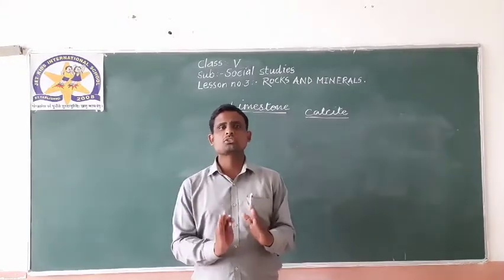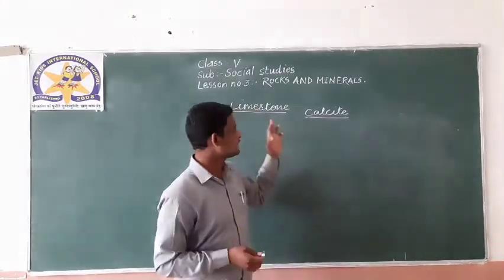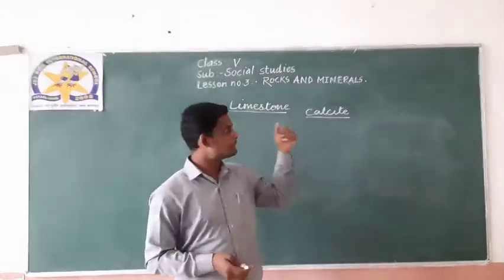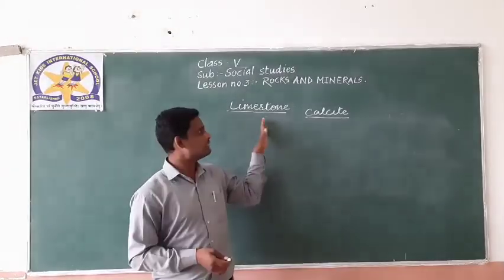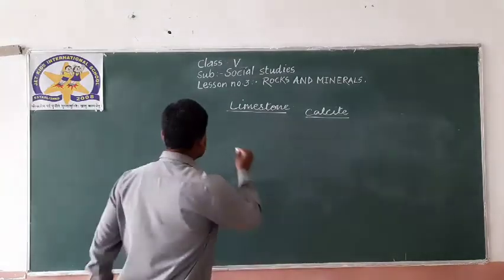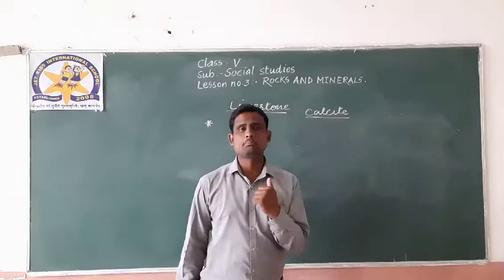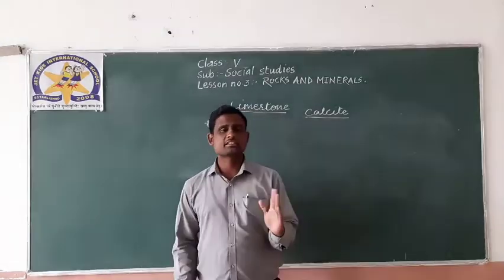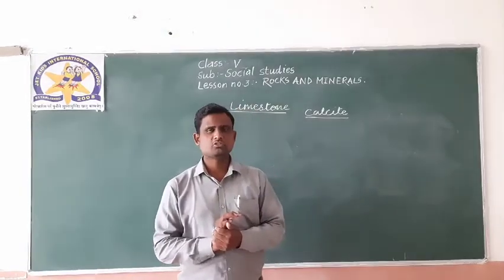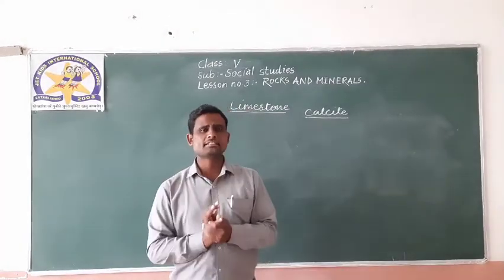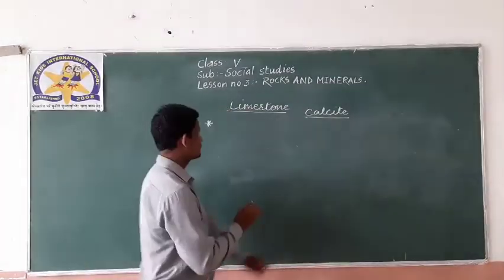So this was all the information about limestone. Now I am going to write the properties of limestone. Look here at the blackboard. The first property of limestone is the key mineral which is present in limestone, that is calcite.